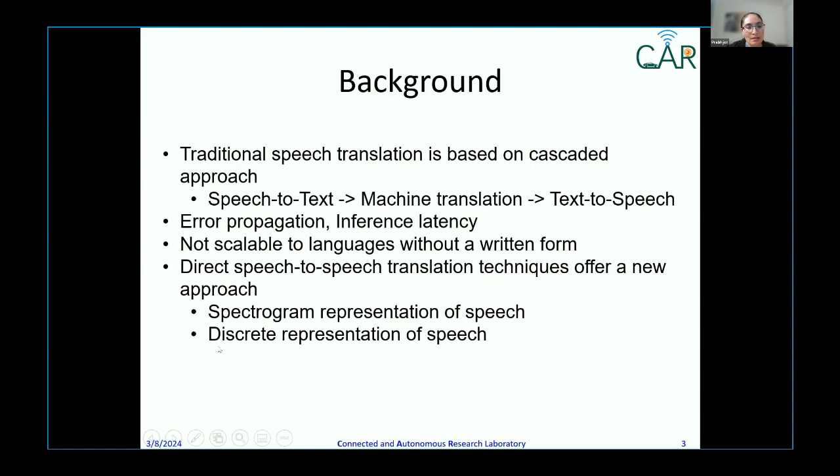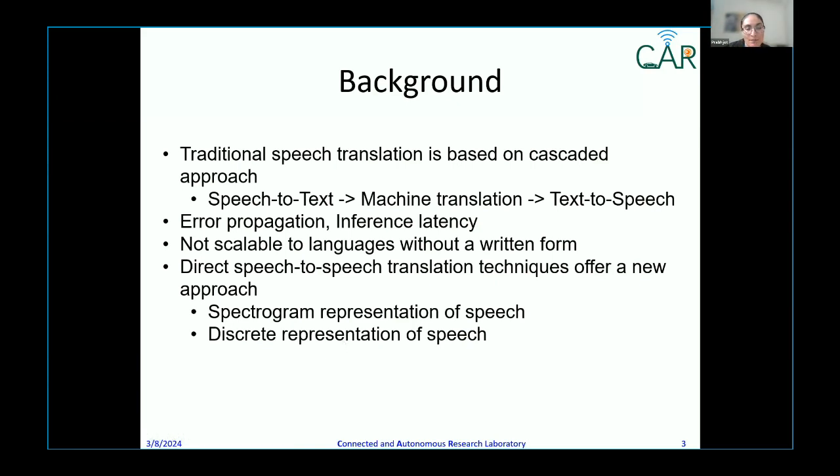The second approach in this area is using another representation of speech called discrete representation, because spectrograms are still high dimensional. Discrete representation is trying to convert that speech to some lower dimensional signal. This approach was presented by the authors of a paper called Direct Speech-to-Speech Translation using discrete units, and this work came out in 2021.